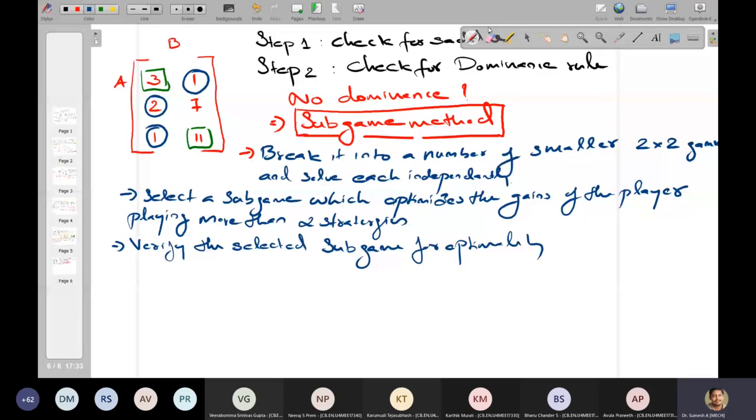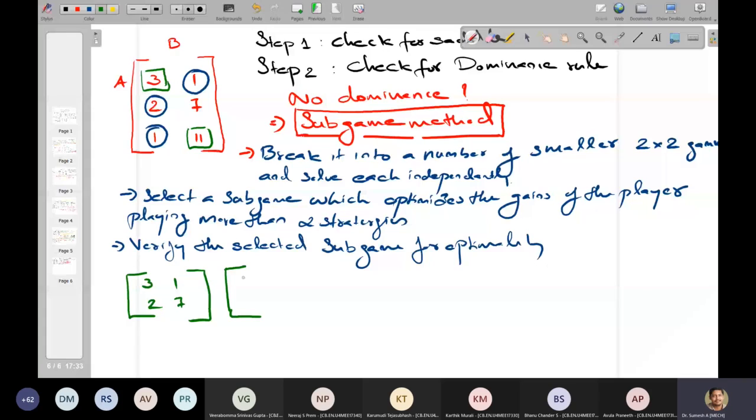So in this case, what can be done? I can reduce this into 3 matrices, breaking it into smaller 2 by 2 matrices. The first is 3 1 and 2 7. So it is a 2 by 2 matrix. The second matrix is 2 7 and 1 11.